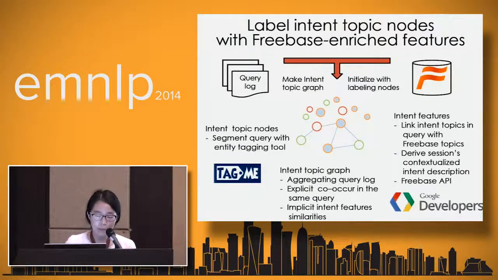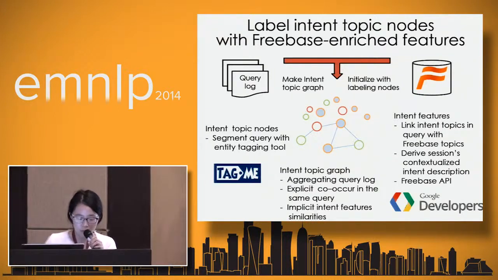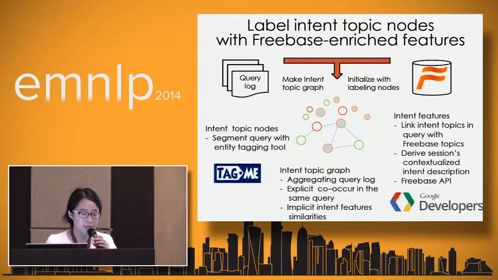And now we can label part of the nodes with intent features, that is, entity words that can be directly mapped to Freebase. There are 2 kinds of intent features. First, we link some of the intent topics with several related Freebase topics, along with relevance scores, which we derived by the Freebase API.